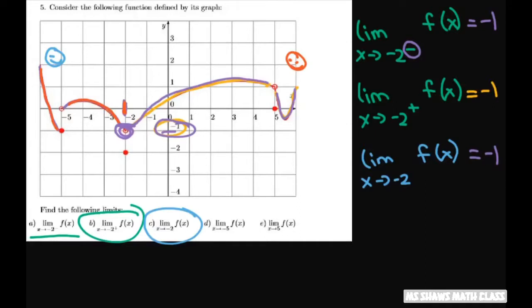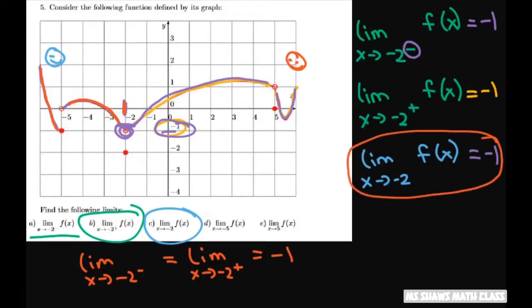So basically what you can say is that when the limit as x approaches -2 from the left equals the limit as x approaches -2 from the right, they do equal and they're both -1. That means the limit as x approaches -2 is also -1.